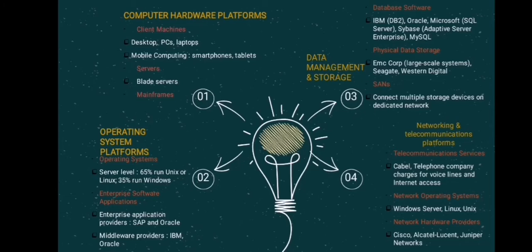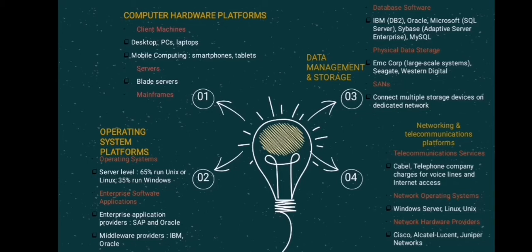We continue about the infrastructure. We go through one by one, and first is computer hardware platforms. There are client machines, for example, desktop PCs, laptops. And then mobile computing, such as smartphones, tablets.